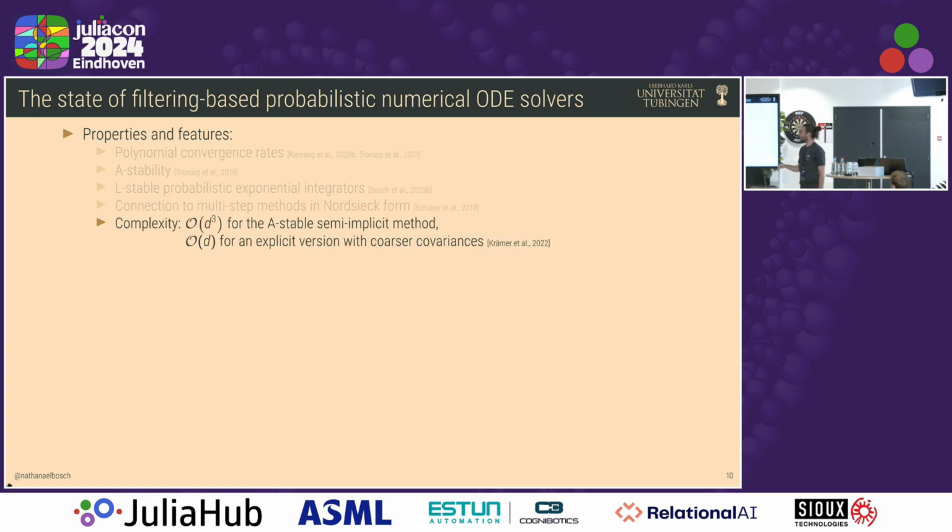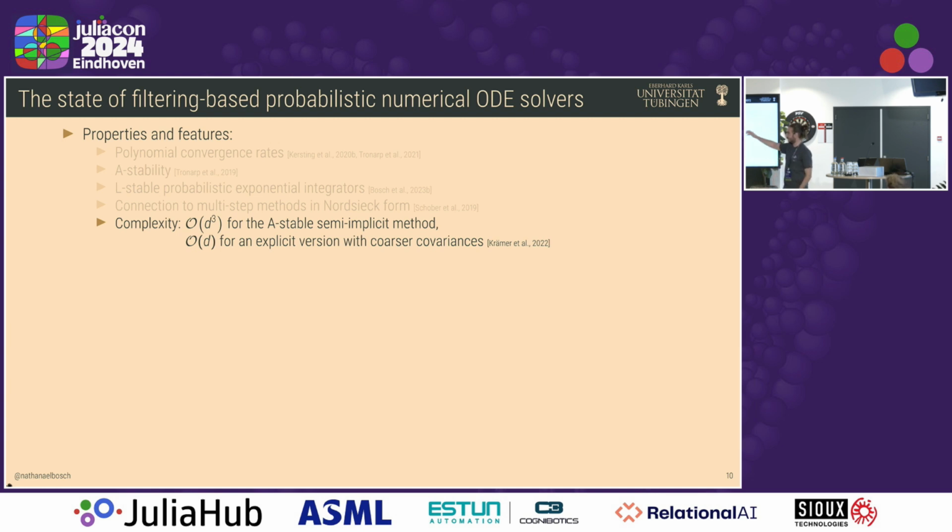Maybe one point to linger on a little bit is how complex are these methods from a theoretical perspective. Since we use filtering and smoothing, they are linear in the number of time points. So not the bad GP case, but actually what you would expect from an ODE solver.